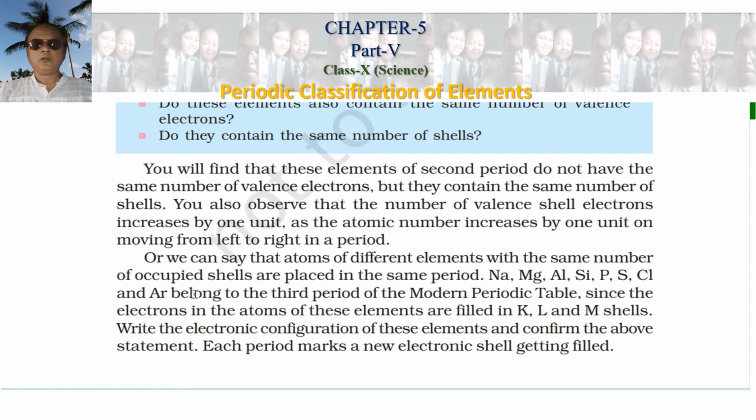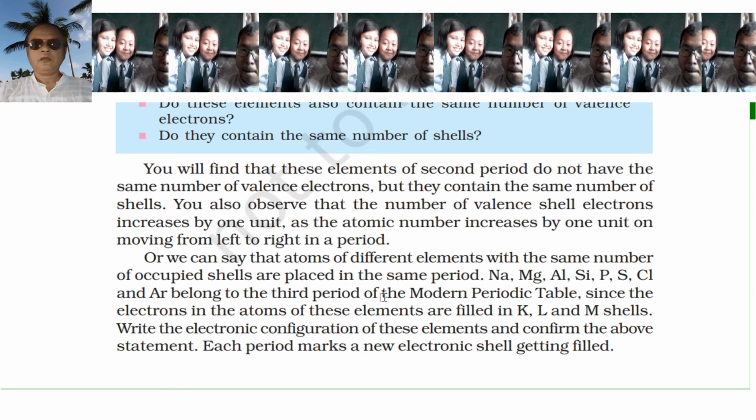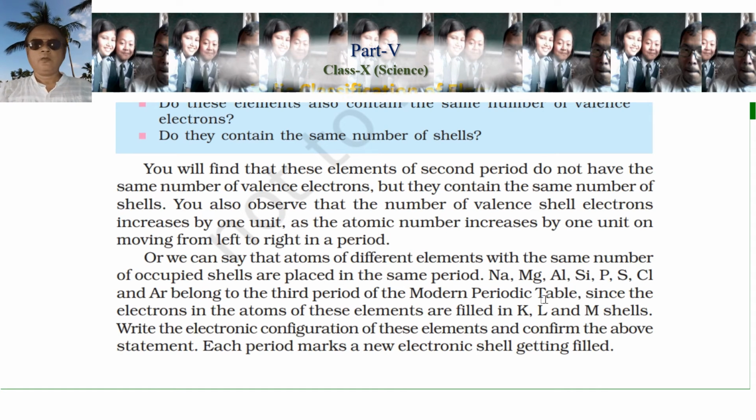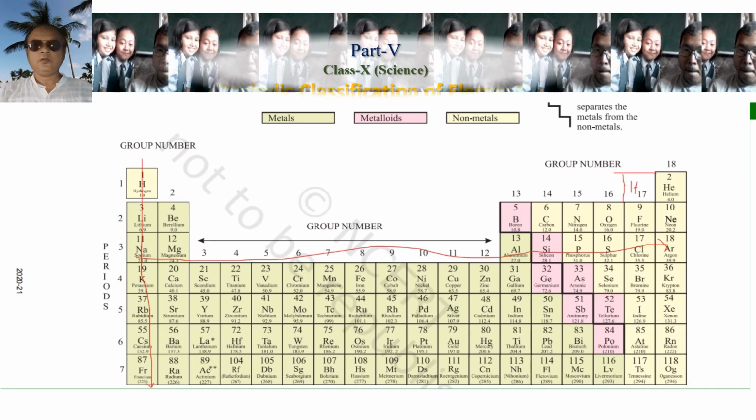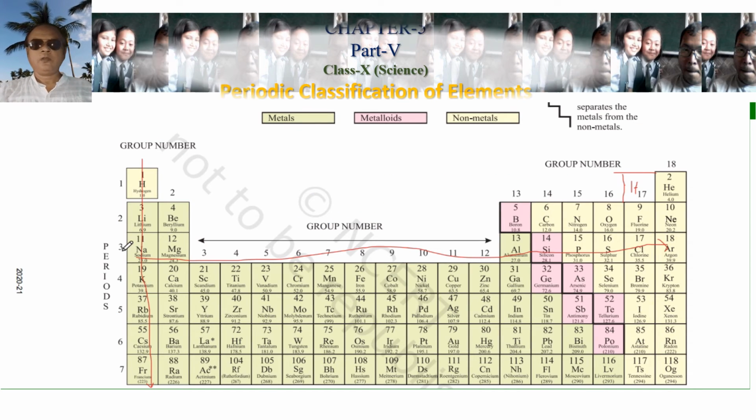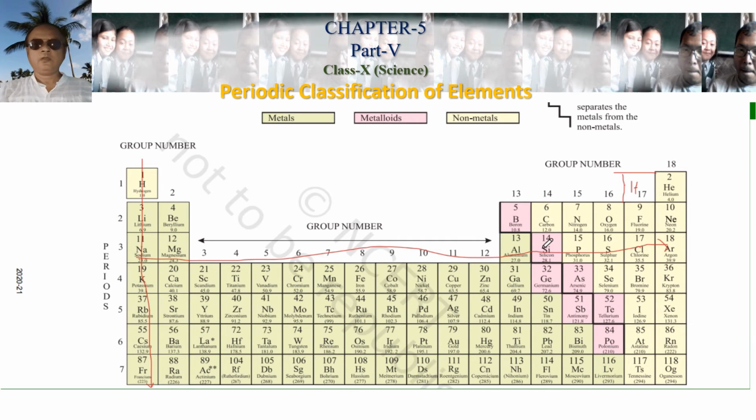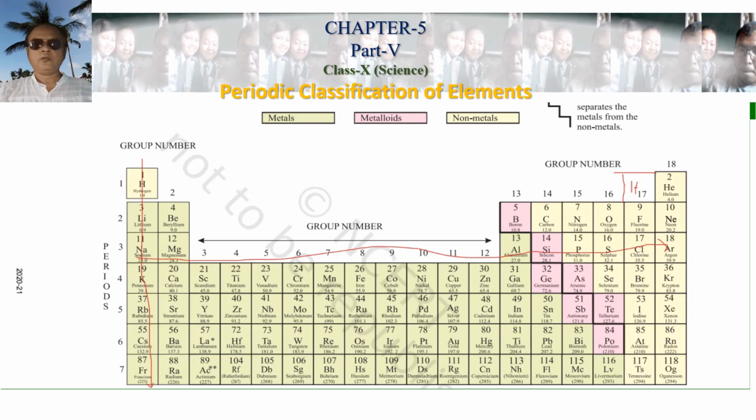Sodium, magnesium, aluminum, silicon, phosphorus, sulfur, chlorine and argon belong to the third period of the periodic table.